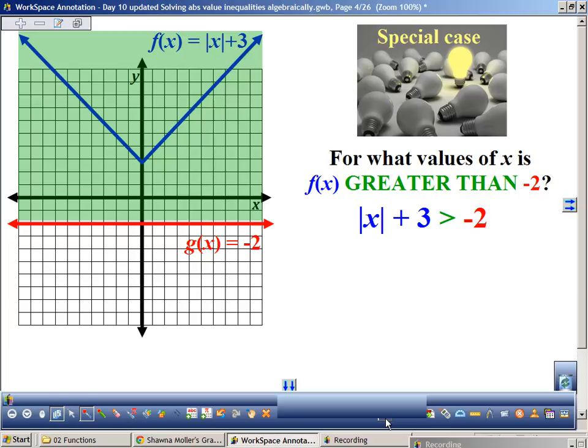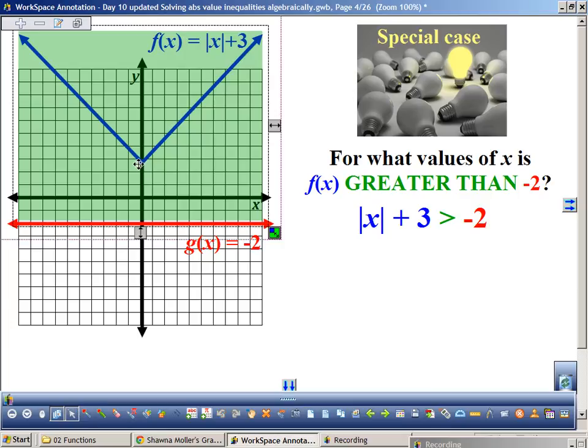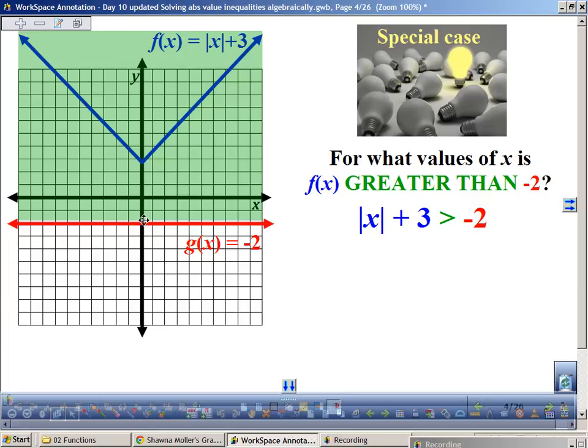But let's look at the absolute value, the v part of my graph right here. Let's look at the v part and figure out, if this is my negative part, my negative 2, when is this graph greater than negative 2? It is. It always is, right? Every part of that graph, no matter what part I'm looking at, is larger than or greater than negative 2.